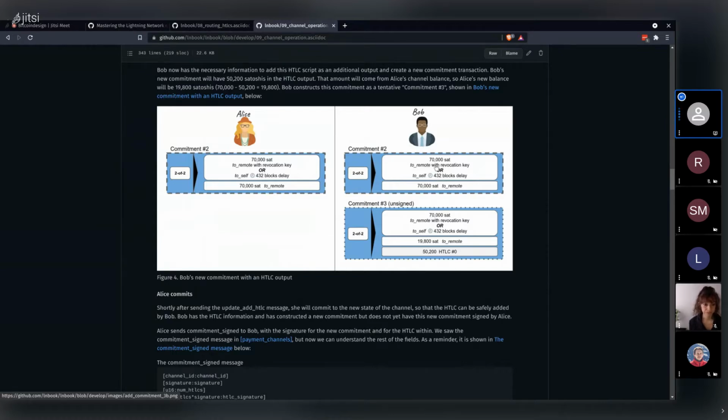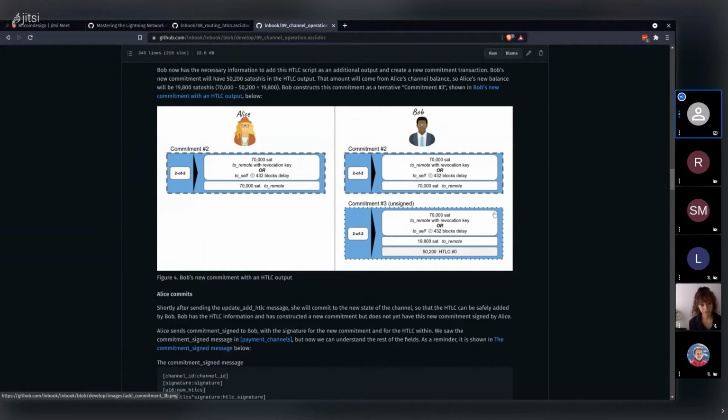With this spending condition, the revocation key would form the spending condition necessary to spend the 70,000 sats, or the 432 blocks delay would be the spending condition to send it back to yourself. And then the more complicated ones were revocation key to send it to remote, 432 block delay to send it to self. And then I think, to your point, these would actually be an output here, because this says this is going to remote.